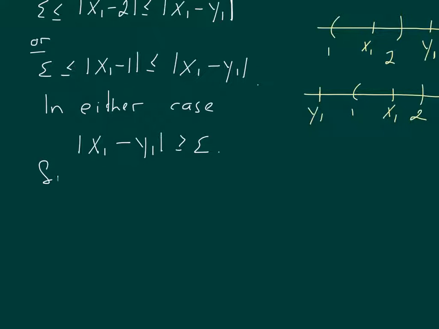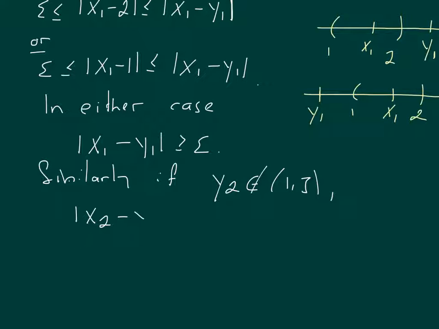Similarly, if y2 is not in (1,3), we can say that the distance from x2 to y2 is greater than or equal to epsilon.